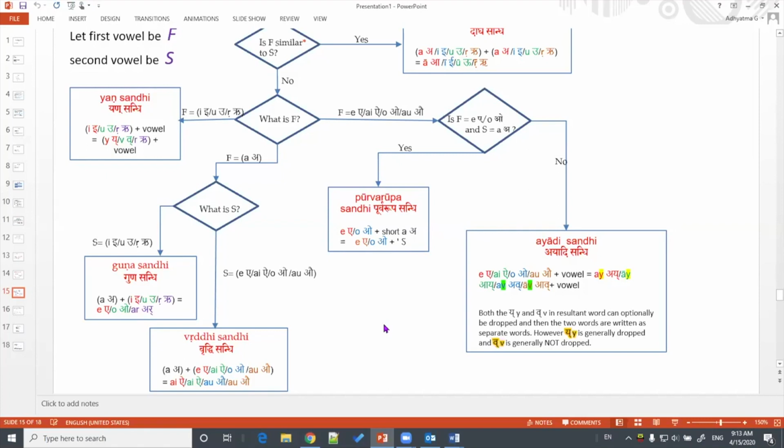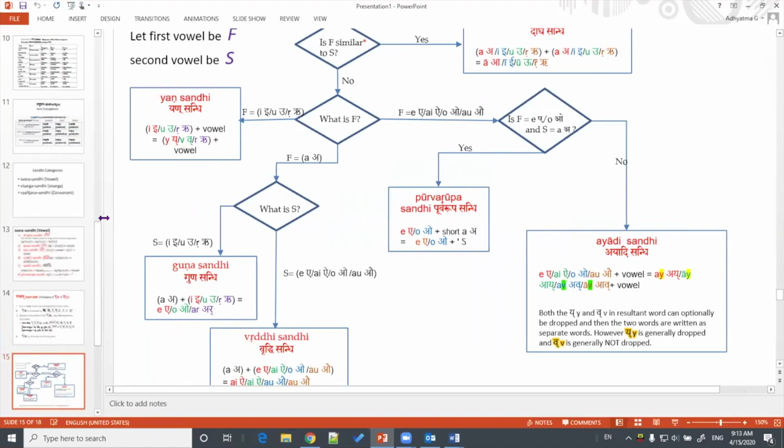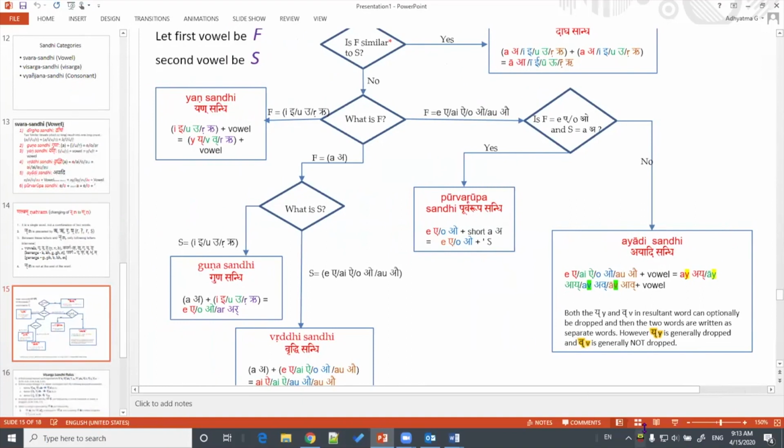So this one, along with the class notes of the last class, which also was put together by Amit Baba, you will be able to understand the whole sandhi and do all the examples of the swara sandhi, the vowel sandhi. As I said, you don't have to worry about noting down the flowchart. It's there in the repository, so you can access it from there.